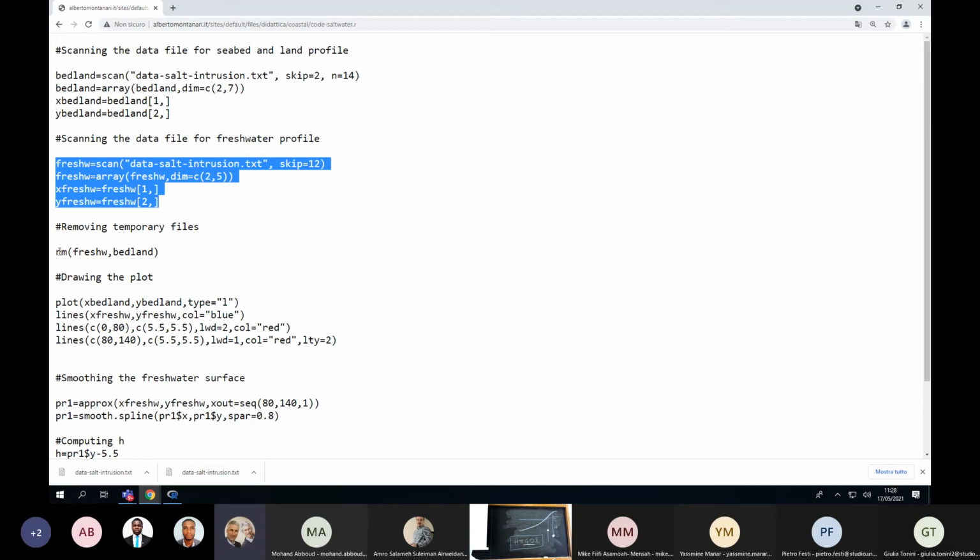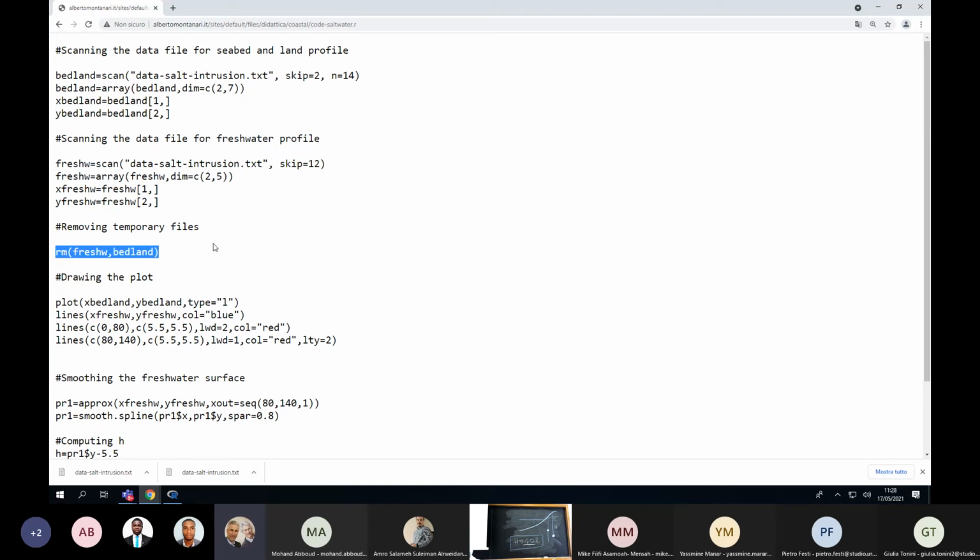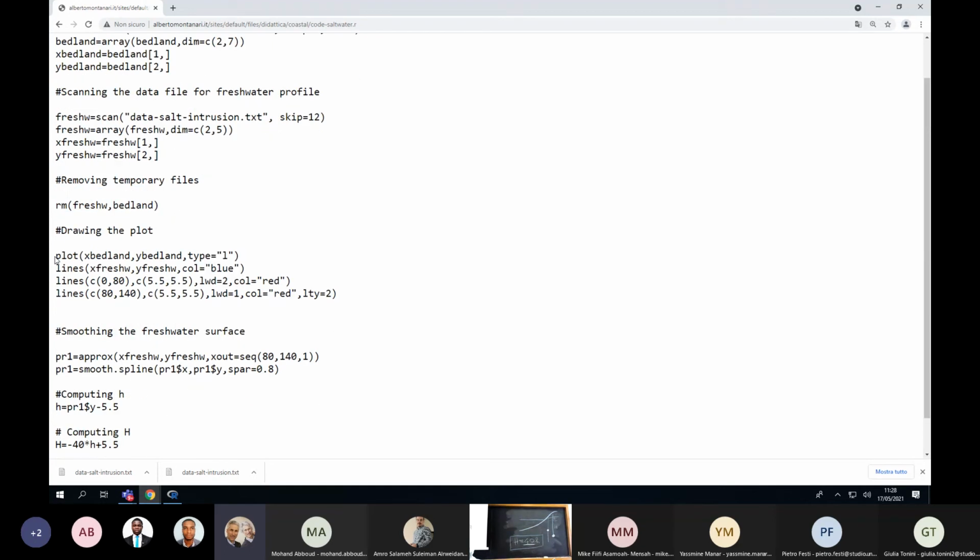Then there is a removal of the temporary files, because I don't need the 2 matrices anymore, since I already have the coordinates in vectors named X and Y for both freshwater and bedland. And now I can draw the plot of the bedland and freshwater.